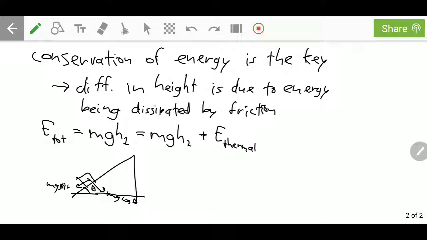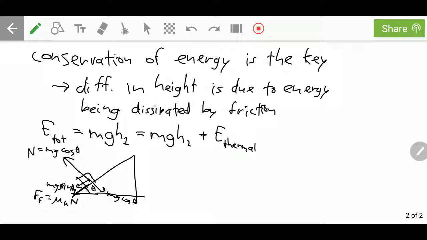These are the two components of gravity. And then the normal force has to balance mg cosine theta so the block doesn't fall through the ramp. And now the frictional force Ff will be mu k times N, that is, mu k mg cosine theta.